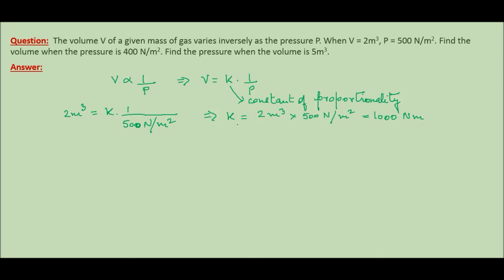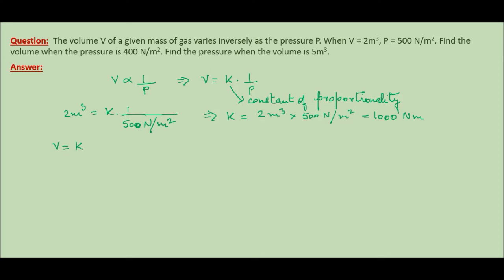Now that we have found the value of K, we are in a position to answer these two questions. Find the volume when the pressure is 400 newtons per meter square. So again, we are writing this equation.